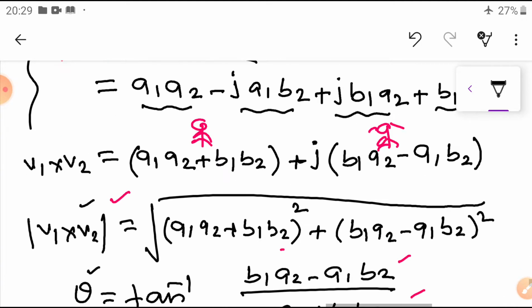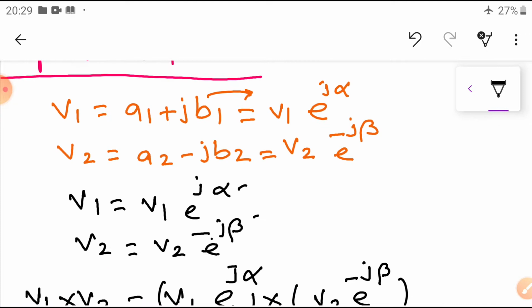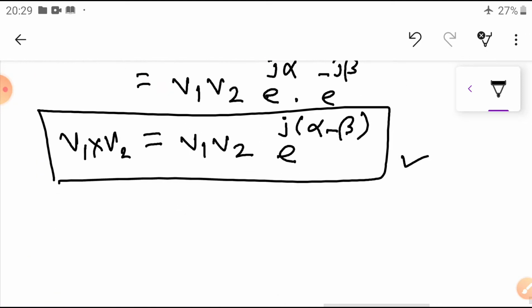But in the case of exponential form, we simply get the magnitude and the angle in only small steps. So, that is why, dear students, multiplication and division in exponential form is easy as compared to the rectangular form.